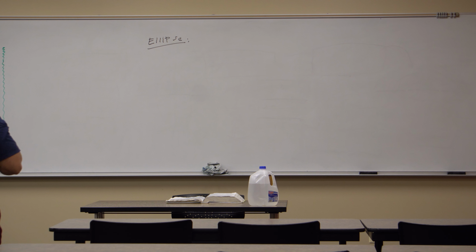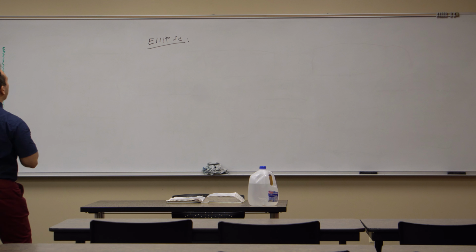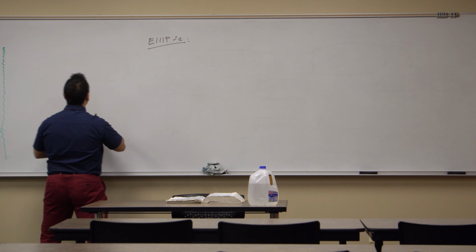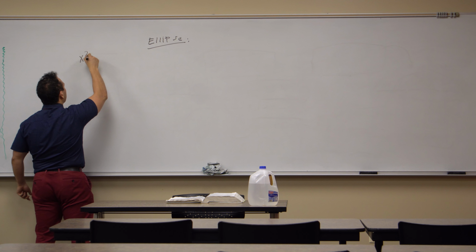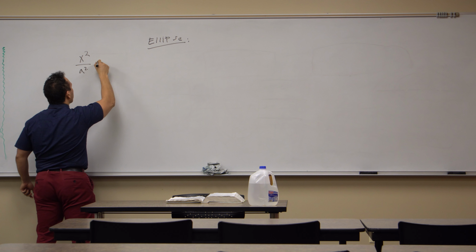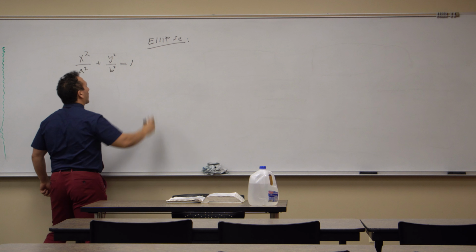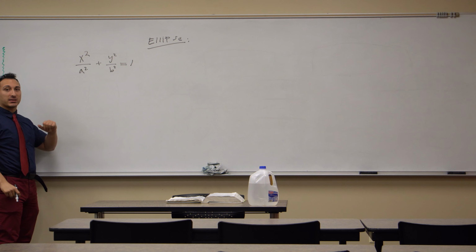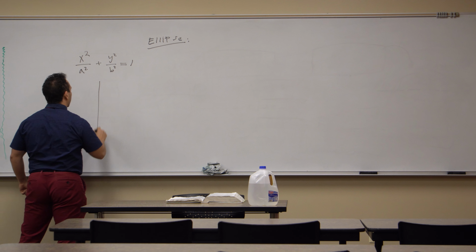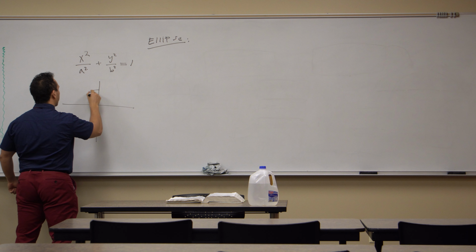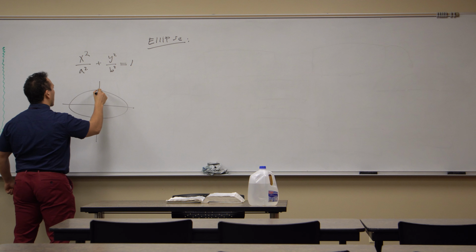Video on ellipses. Well, maybe we can call it ellipse part 2. Notice that we said that this was an equation of an ellipse with major axis x. Let's redraw it here, just for good measure.